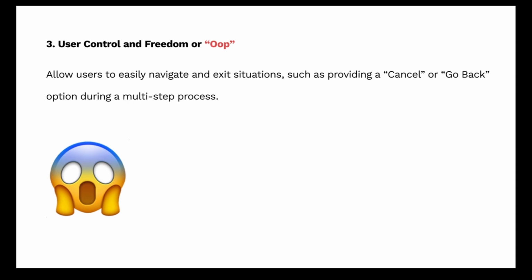Allow users to easily navigate and exit situations, such as providing a cancel or go back option during a multiple step process. This simply means that when a user does something, always give the user access to undo what they have done. That's why we have undo on any system you're using.